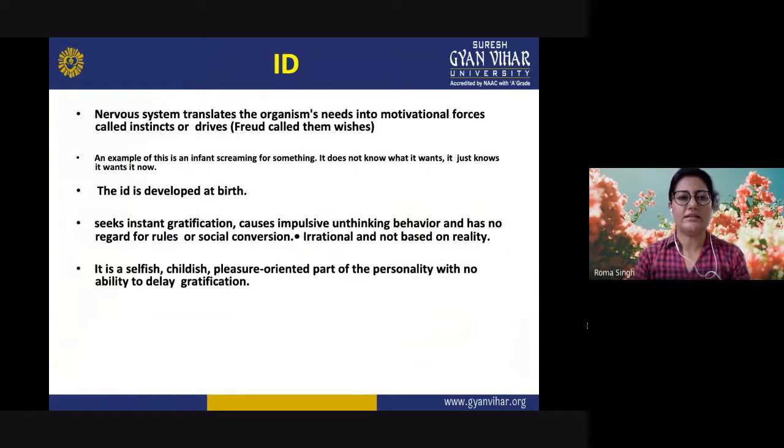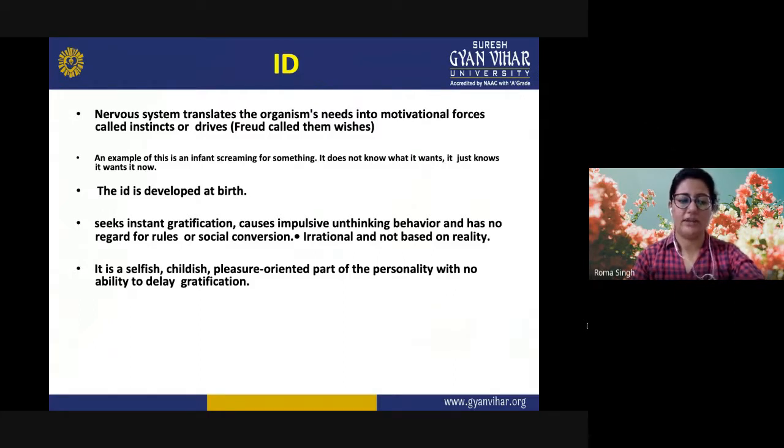So the id, we can say, is a nervous system which translates the organism's needs into motivational forces called instincts or drives, or Freud has called them wishes. An example of this is an infant screaming for something, and it does not know what it wants, but it just knows that it wants it now.